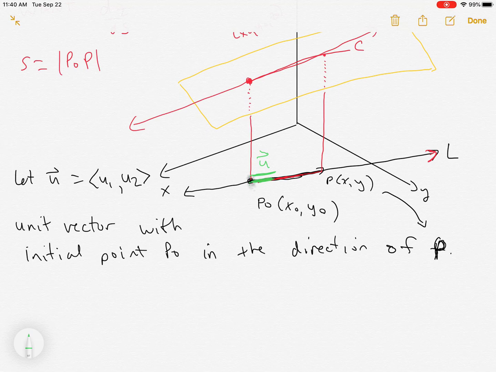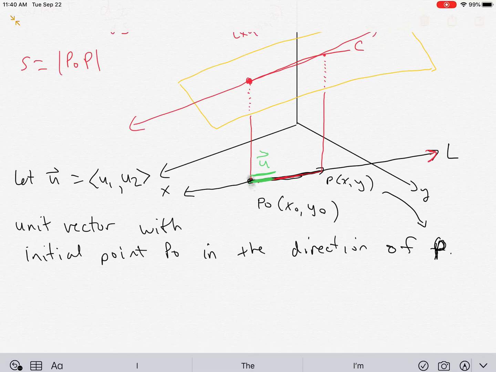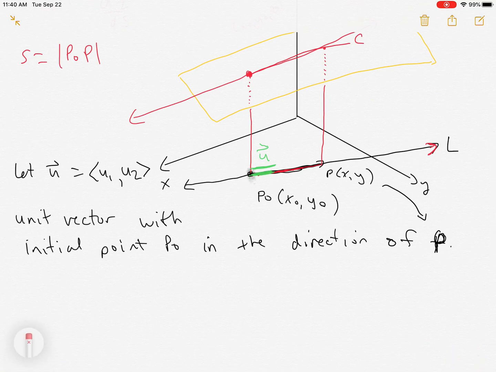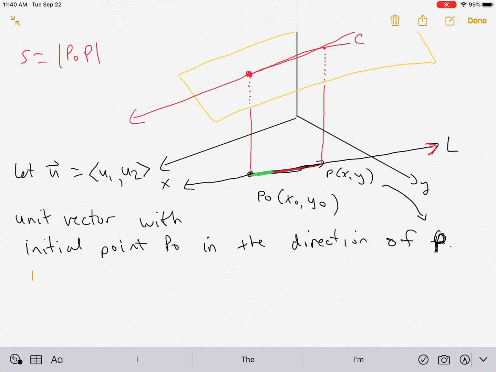So this is my U. It's a little unit vector, length 1, starting at P naught and going in the direction of P.